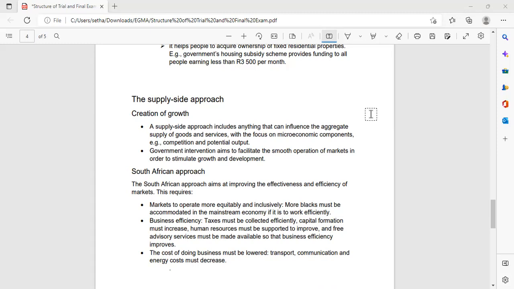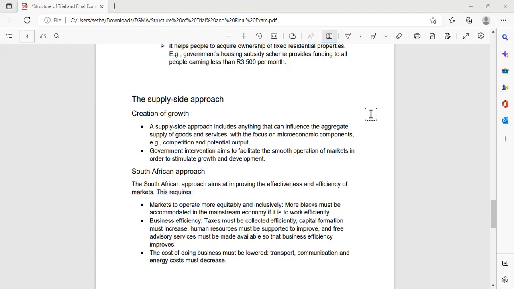South African approach. The South African approach aims at improving effectiveness and efficiency of the market. This requires markets to operate more equitably and inclusively. More blacks must be accommodated in the mainstream economy if it is to work efficiently.